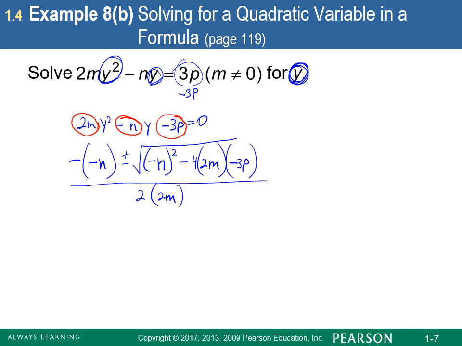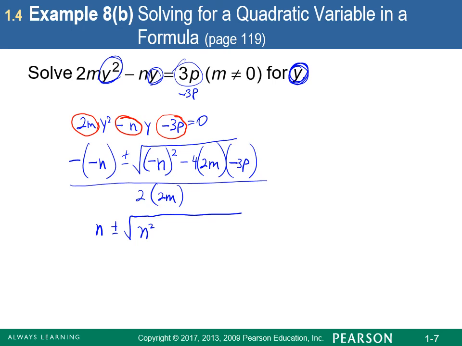Now again, you want to be careful about handling this, but we do need to do at least some simplifying. Here, the two negatives make a positive n. Inside the square root, we've got a negative n in parentheses squared, which is indeed just n squared. The negative in front of the 4 and the negative in front of the 3 makes a positive.